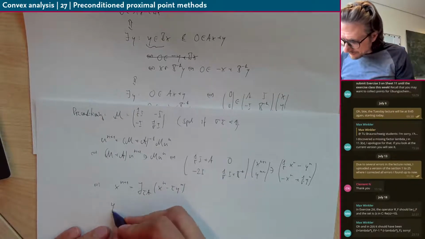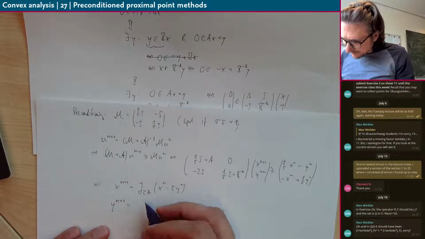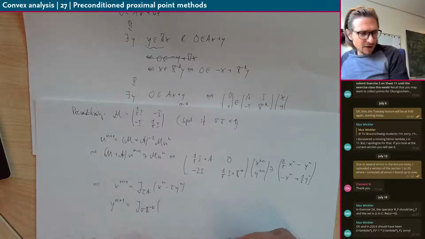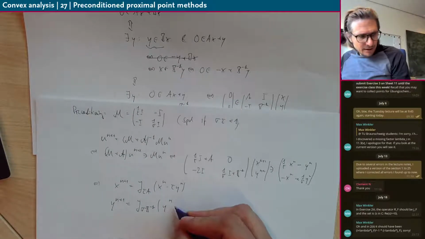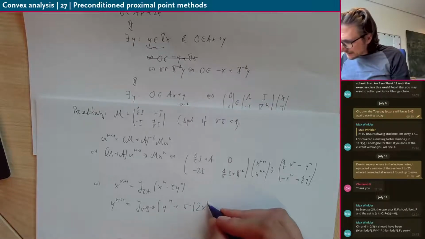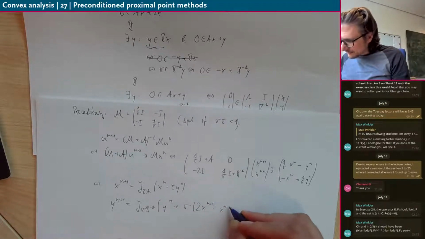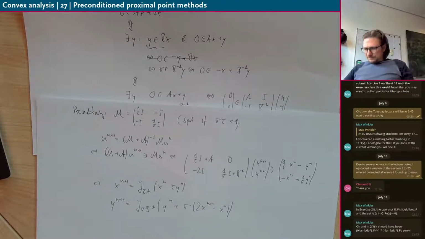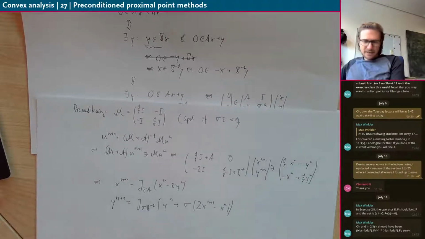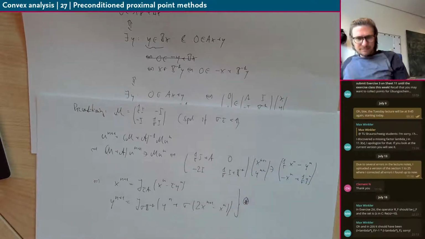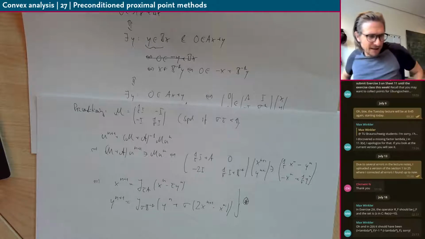And for the second we have y^{n+1} equals the resolvent of sigma times B to the minus 1 of y^n plus sigma times (2x^{n+1} minus x^n). It's very similar to what we've seen before. But now we have resolvents and no operator K is present. So we call this iteration star because we will need that.